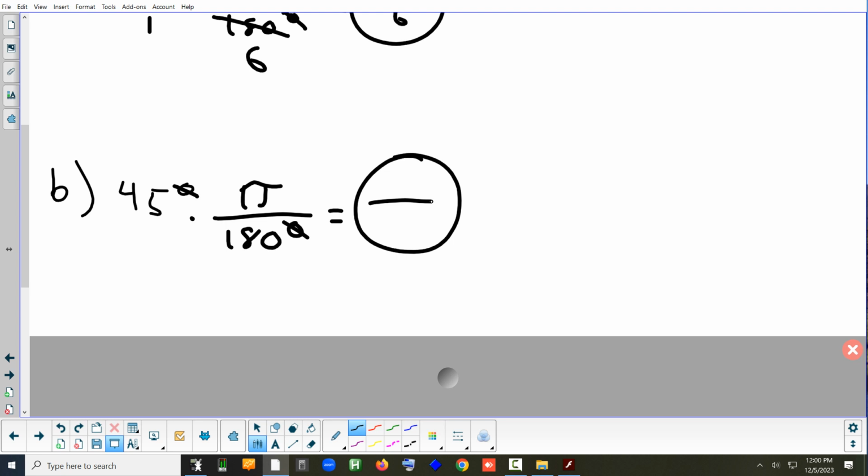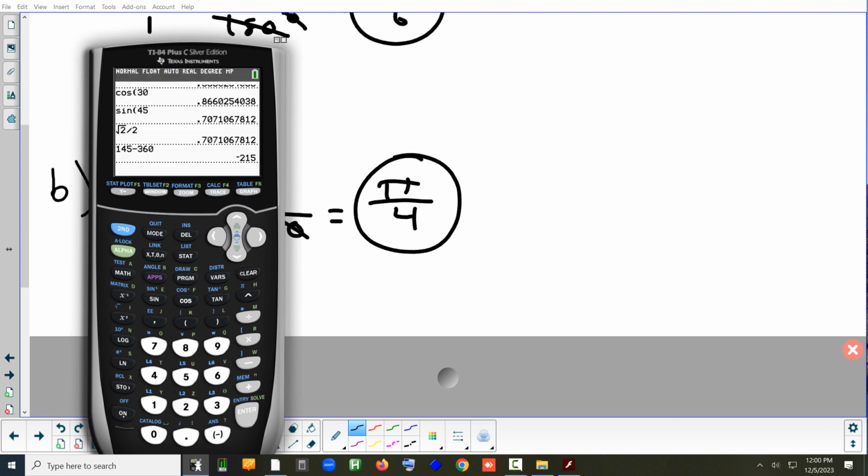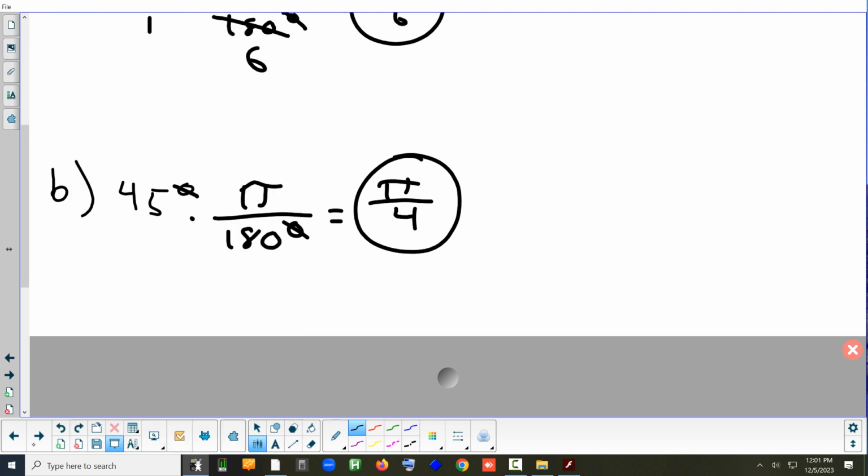You get pi over 4. Pi over 4. Actually, let me mention this. If they say they wanted a decimal here, then all you have to do is press the pi button and divide by 4. That's all you have to do to change it to a decimal. If they want a decimal, they'll tell you.